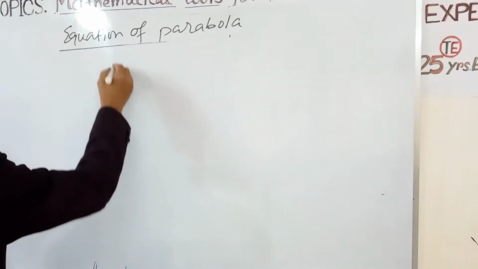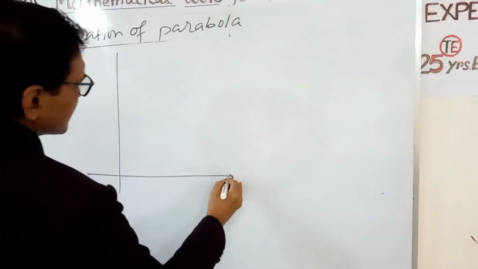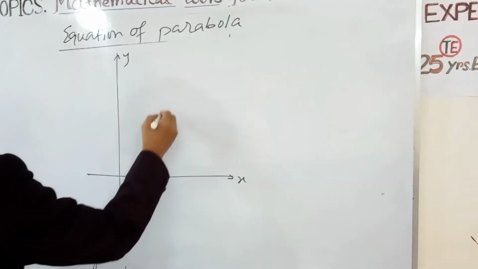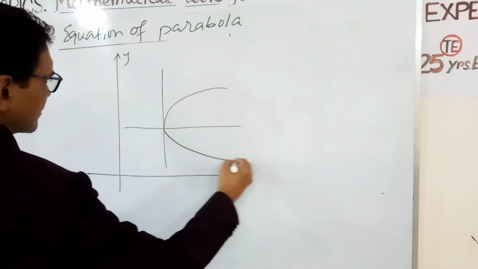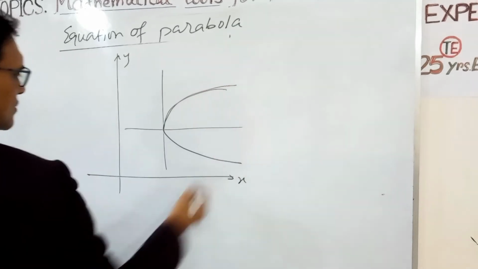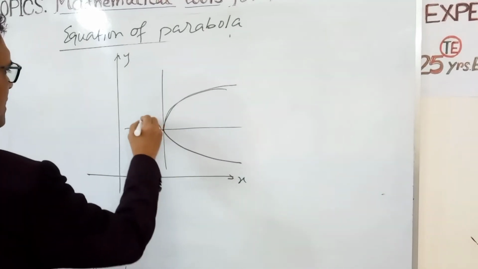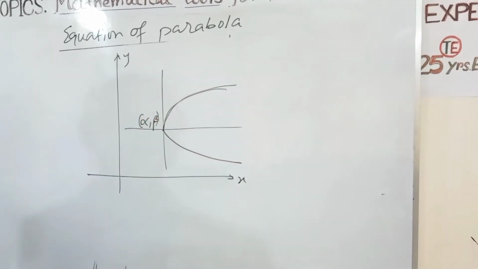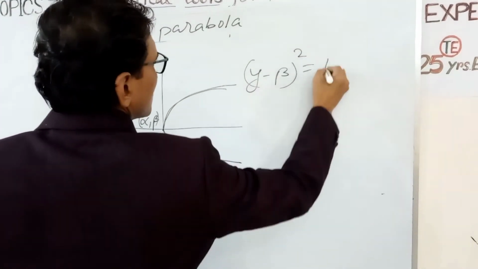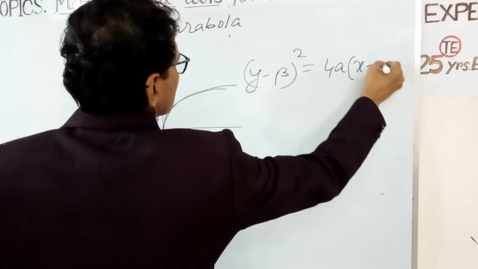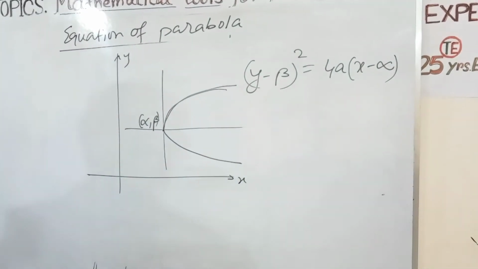Now suppose the vertex is not the origin. Suppose this is the x axis, y axis. If this point is alpha beta, then what is the equation? The equation will be like this way.